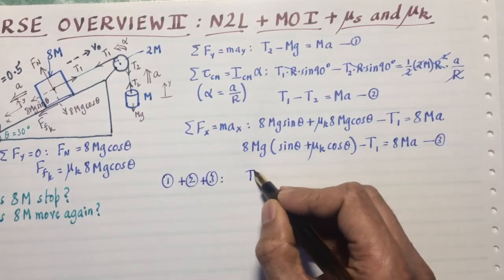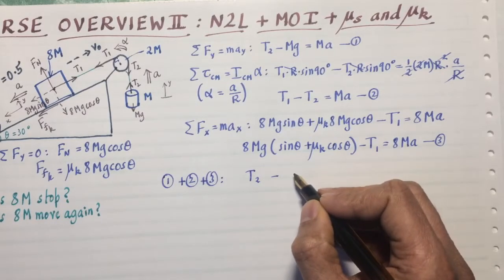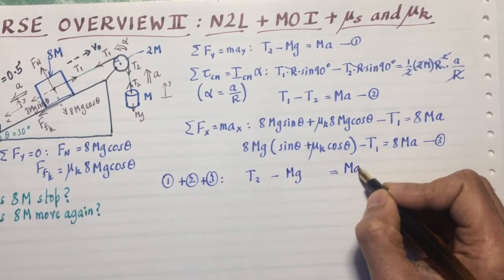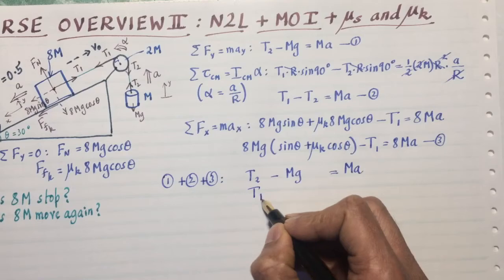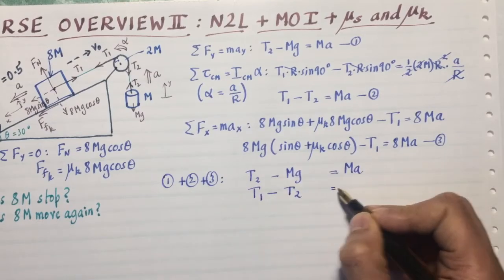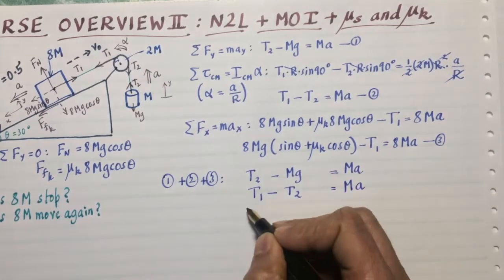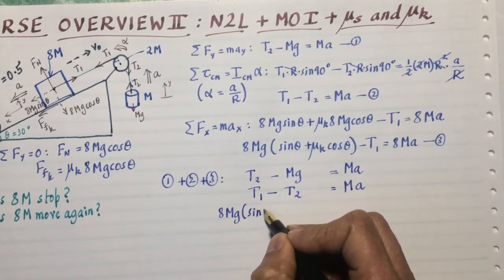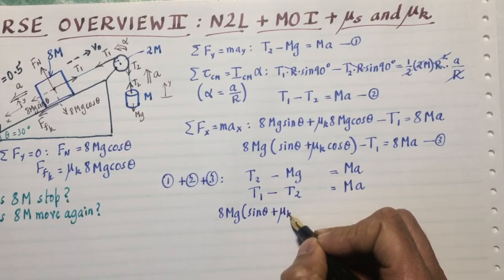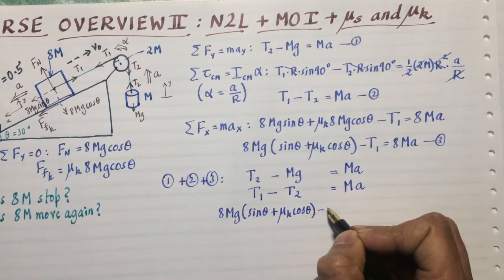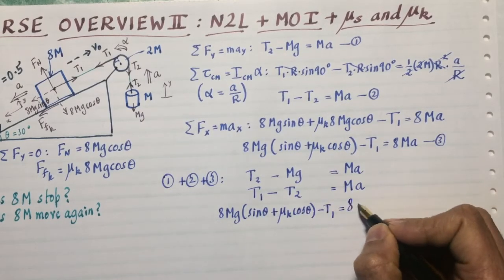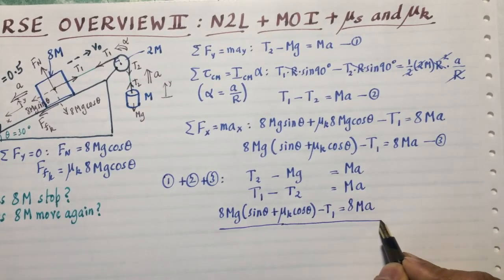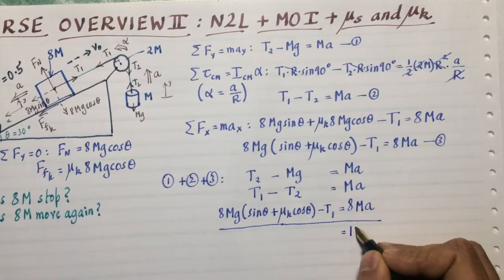I'll put them one below the other. T2 minus mg equals ma. T1 minus T2 equals ma. And then 8mg sine theta plus mu kinetic cosine theta minus T1 equals 8ma. When I add them, the right hand side is just 8 plus 2, 10.